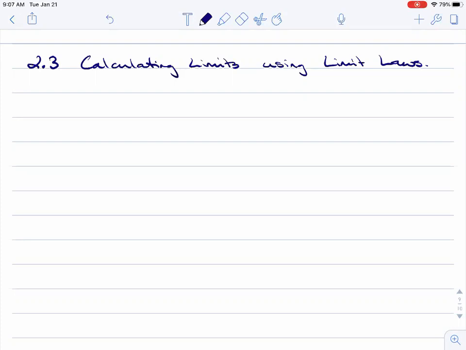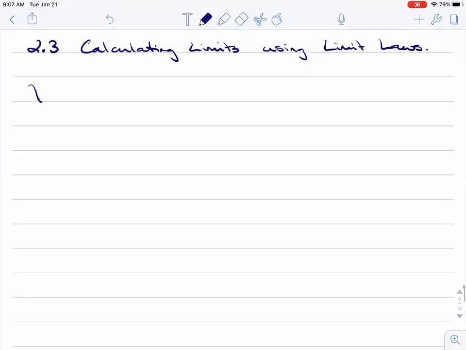But if I had to summarize it, I would say, if we've got a combination of functions, we can bring the limit inside. And so we just need to establish that for addition, subtraction, multiplication, division. But essentially, all the laws say that we're allowed to bring that limit inside.